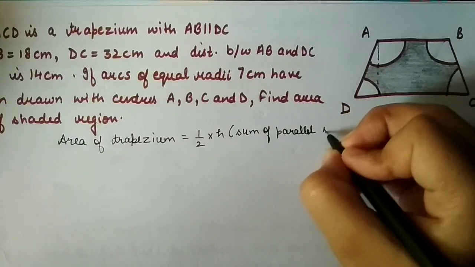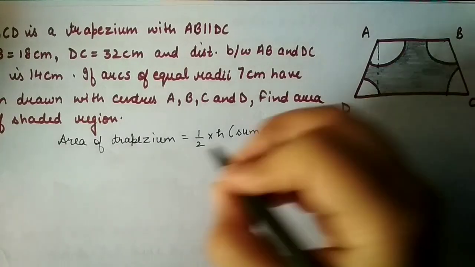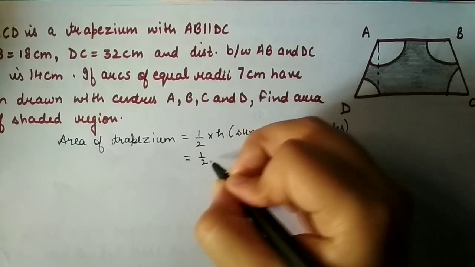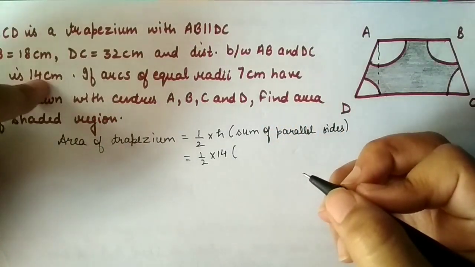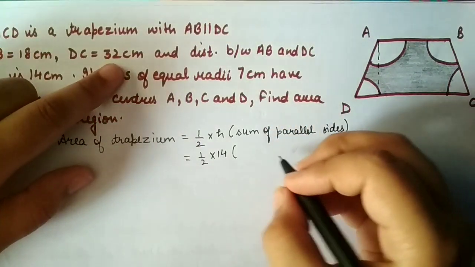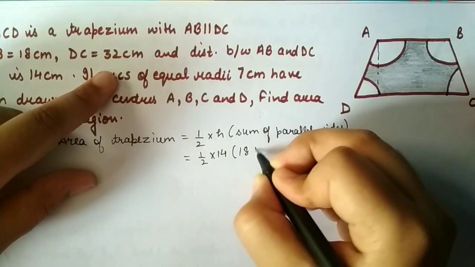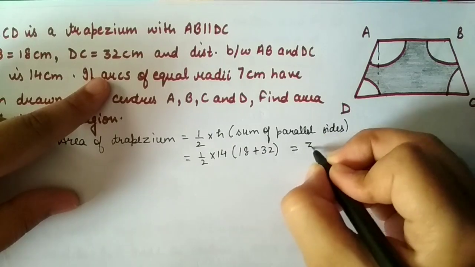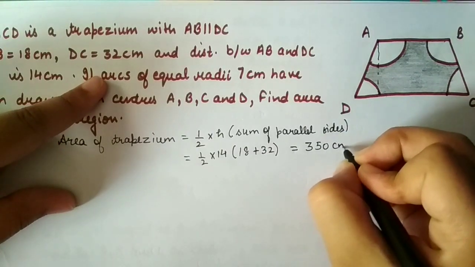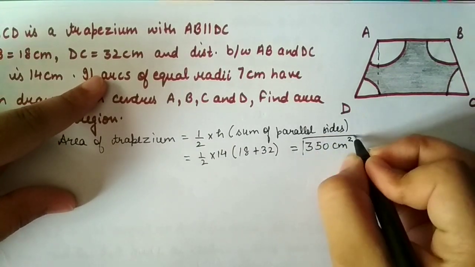Okay, so now height is given to be 14 centimeter and the length of two sides is 18 and 32. Sum will be 18 plus 32. So on solving you will get 350 centimeters square as the area of trapezium.